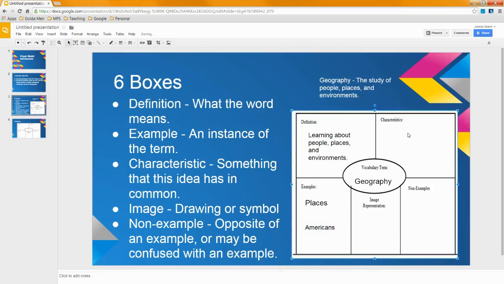Next, I'm going to talk about a characteristic of geography. So for example, one characteristic we could put is when you study geography, you're studying certain weather conditions at certain times.